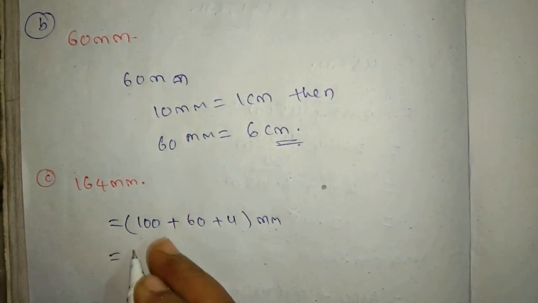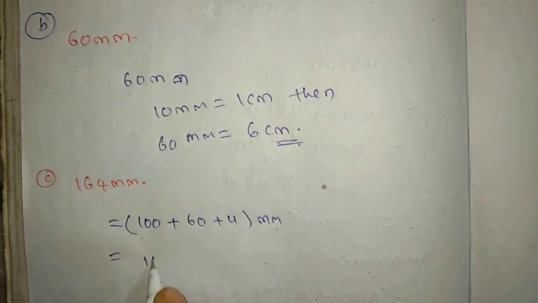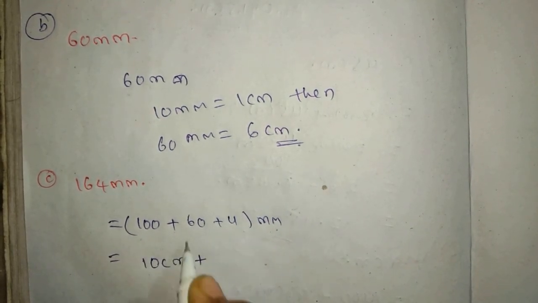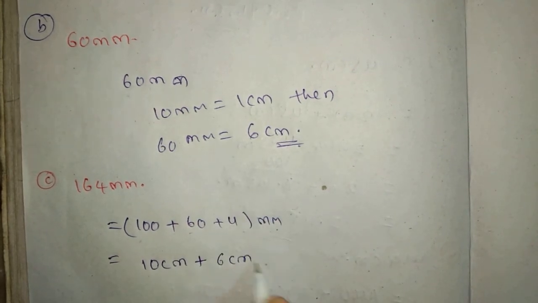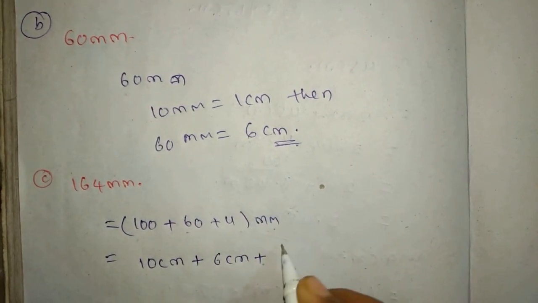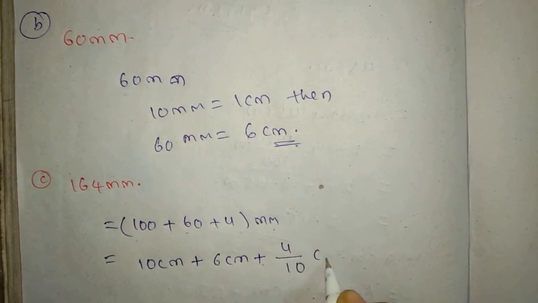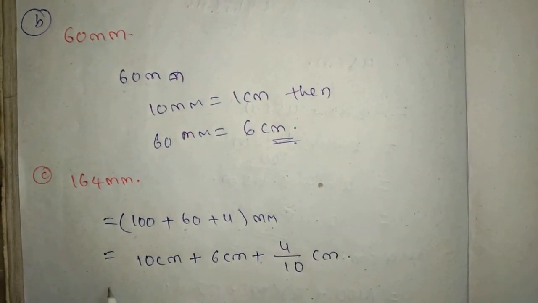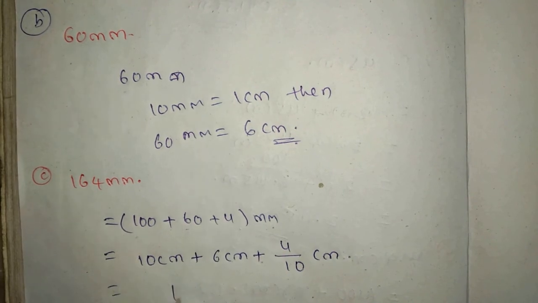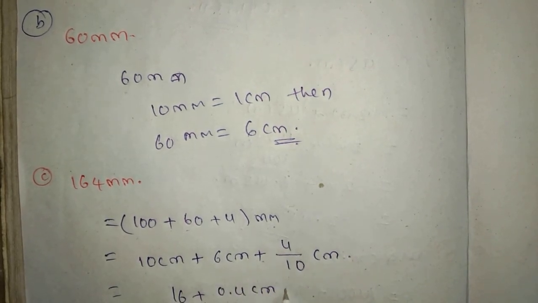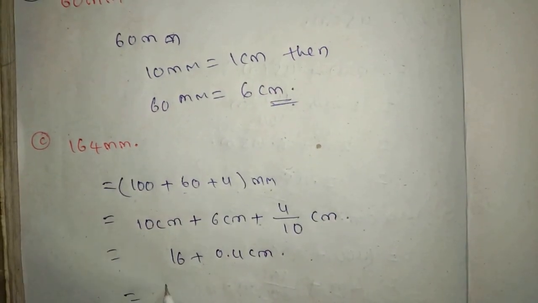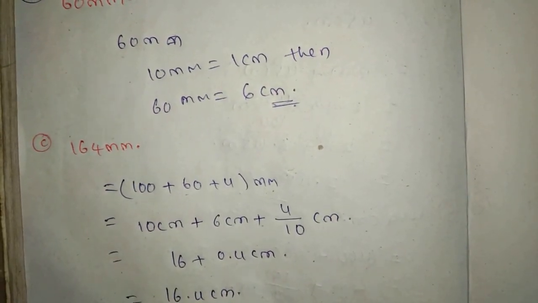Here 100 millimeters is equal to 10 centimeters, plus 60 millimeters, that can be written as 6 centimeters, plus 4 millimeters is equal to 4 by 10 centimeters. Here 10 plus 6 is 16, plus 4 by 10 means 0.4 centimeters. This can be written as 16.4 centimeters.